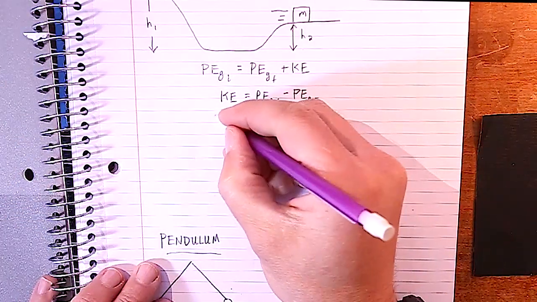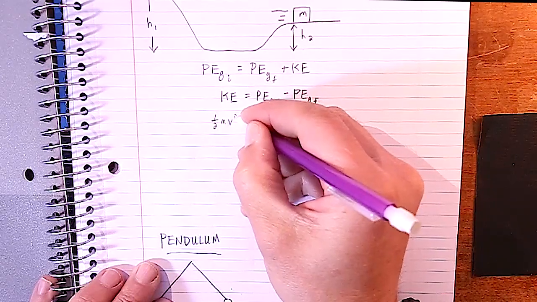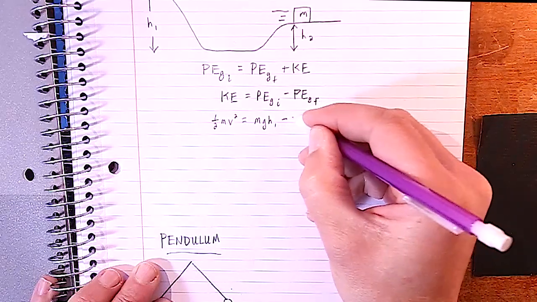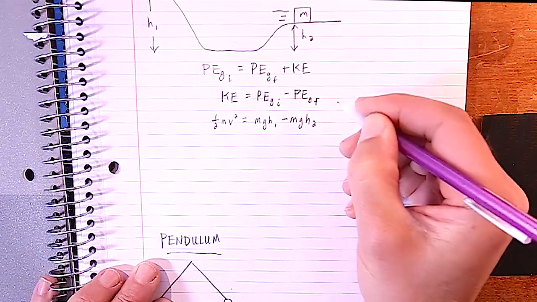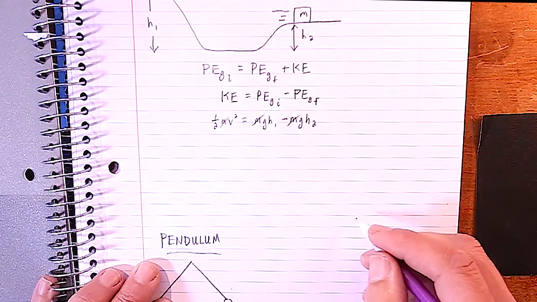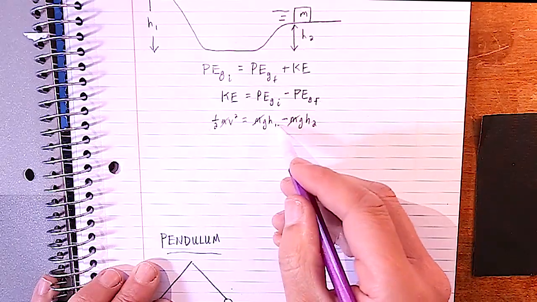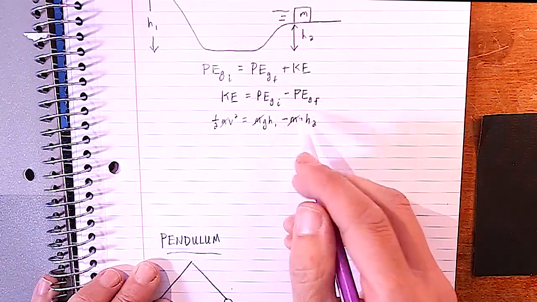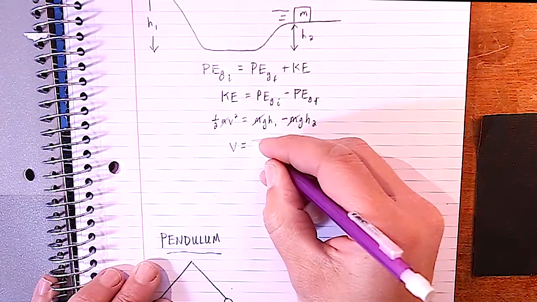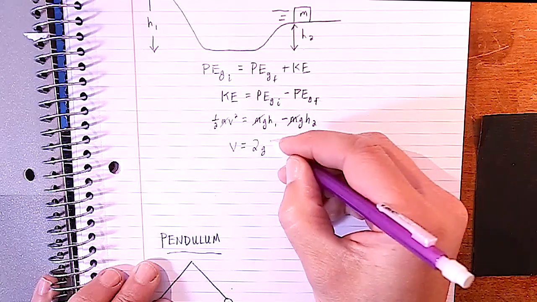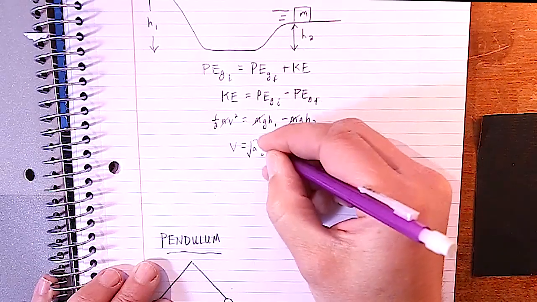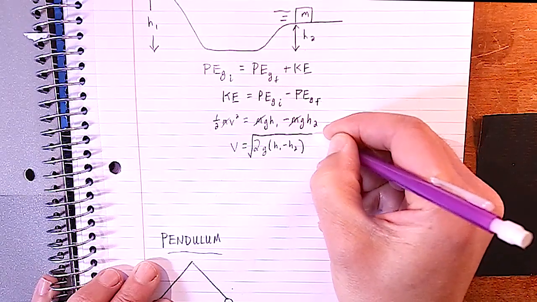So over here we have 1/2 mv squared is equal to mgh1 minus mgh2. We have m's on all sides, so we can cross those out. And then we can bring the 2 to the other side and factor out the g. So that becomes, once we take the square root, v is equal to the square root of 2g times (h1 minus h2).